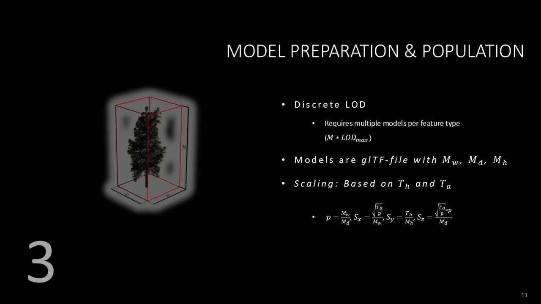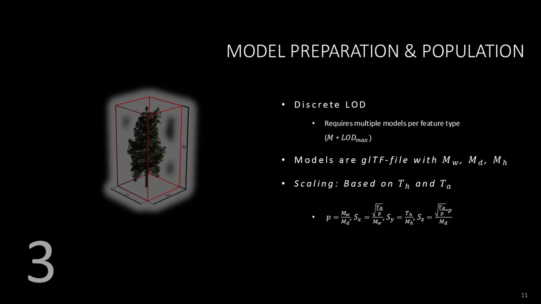For each feature type and for each LOD, we expect an individual GLTF model. The complexity of this GLTF model is irrelevant for the application, but has a significant impact on the later performance of the visualization.